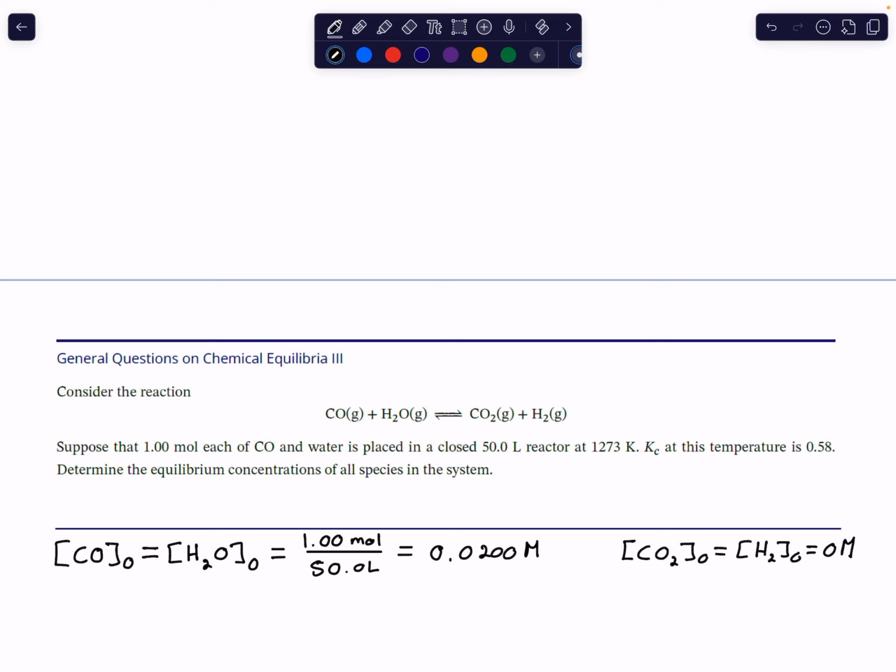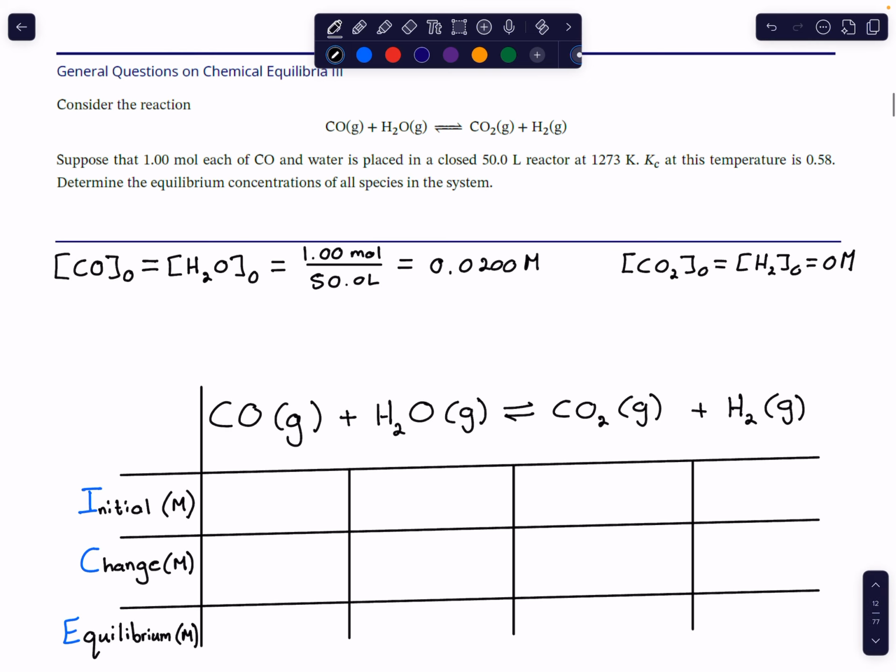Now, to get the concentrations at equilibrium, we of course then use an ICE table. So meaning we look at what our initial concentrations are. So that is 0.0200, both of them are the same, and it is 0 for our products.